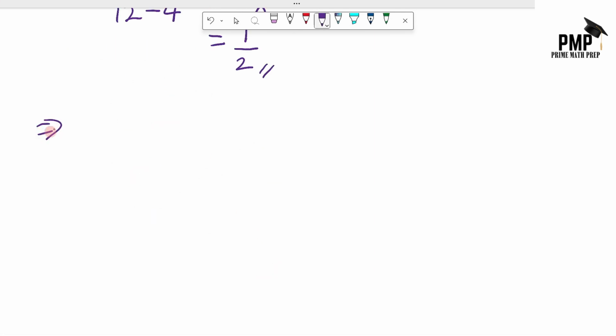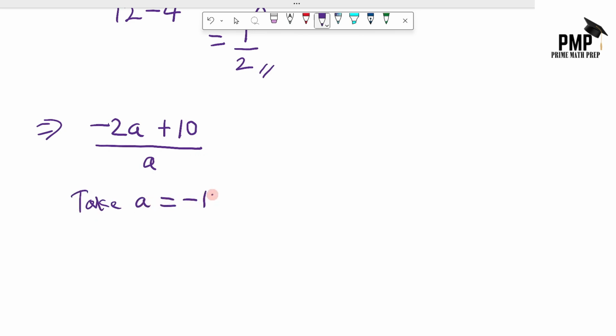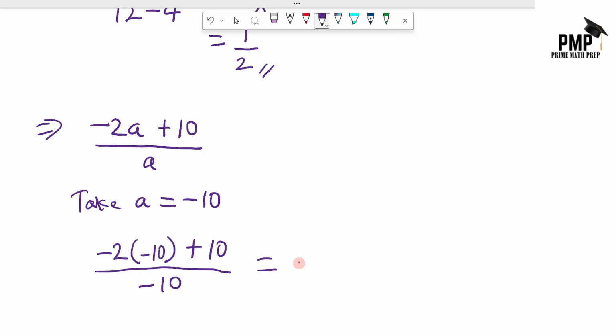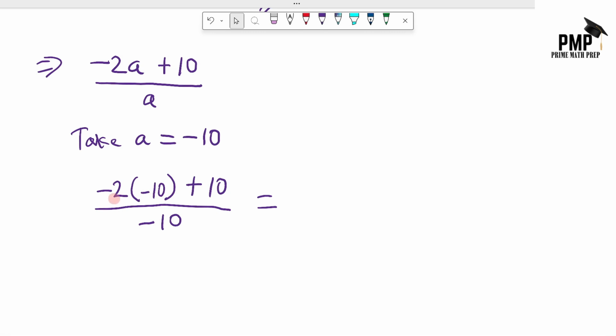A variable can also appear more than once in an expression in algebra. Let's say you are given negative 2a plus 10, all divided by a. And if you are told to take a to be equal to negative 10, we substitute this negative 10 as a. Negative 2 multiplied by negative 10. When we simplify this further, we'll deal with the parentheses first. Negative 2 multiplied by negative 10 is positive 20, because negative multiplied by negative is equal to positive.